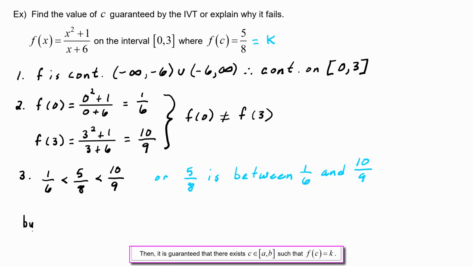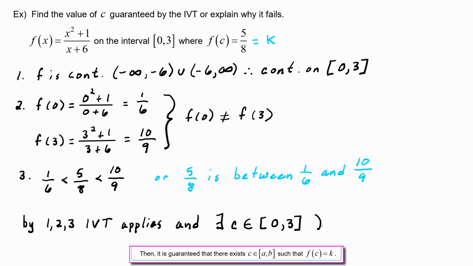So by 1, 2, and 3, the intermediate value theorem applies, and there exists a C on the interval from 0 to 3 such that f of C is going to equal 5/8.